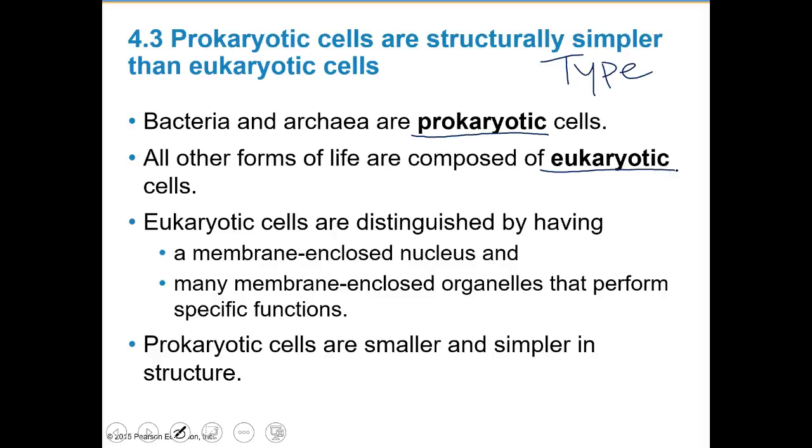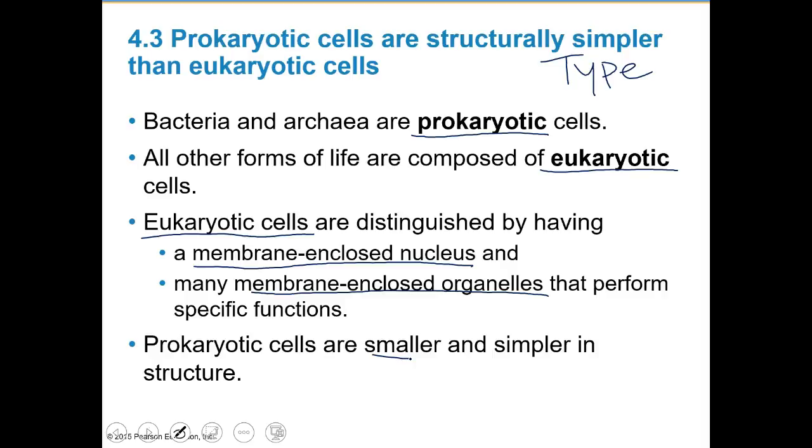Eukaryotic cells are distinguished by having a membrane-enclosed nucleus and membrane-enclosed organelles that perform specific functions. Prokaryotic cells are smaller and simpler in structure because they don't have a nucleus and they don't have those little organelles. So they're going to be small and sort of wimpy looking.